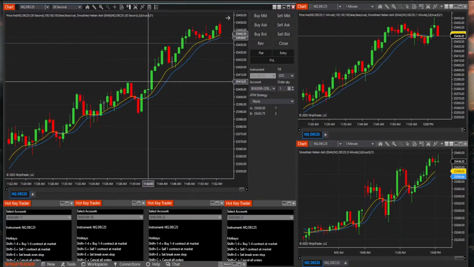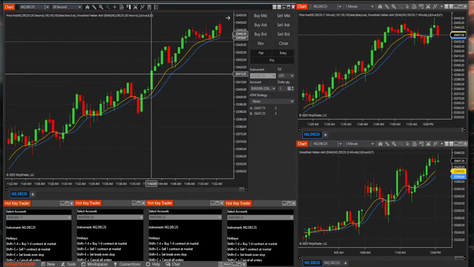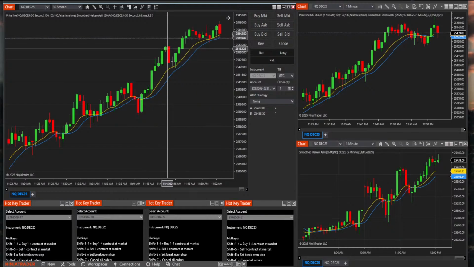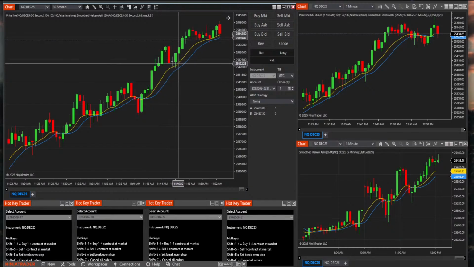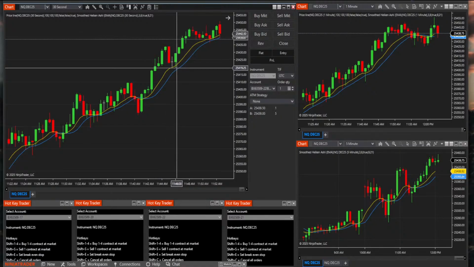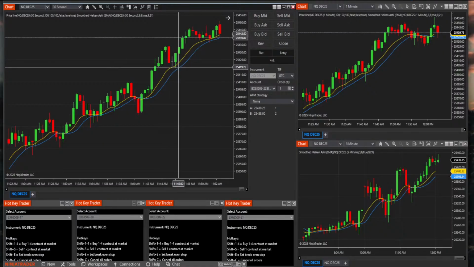Let's say you get in here. That'd be kind of hard to engage the algo for that. But let's say we have a pullback. We have this doji, and this is a little bit weird because it broke the low of that pullback candle, I don't like that.